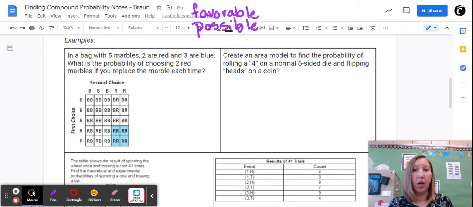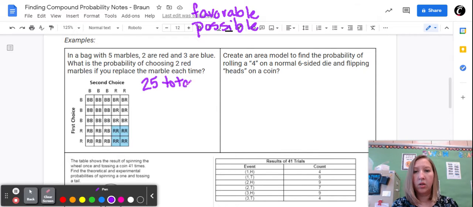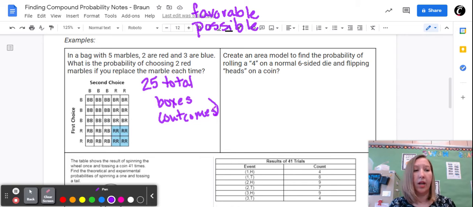So let's look at what we know. If we count up the number of boxes in here, that's going to tell us our total outcomes. So we have 25 total boxes. And our boxes, remember, are our outcomes. So we want to look at how many of those have 2 reds, okay? And that's this highlighted section down here.